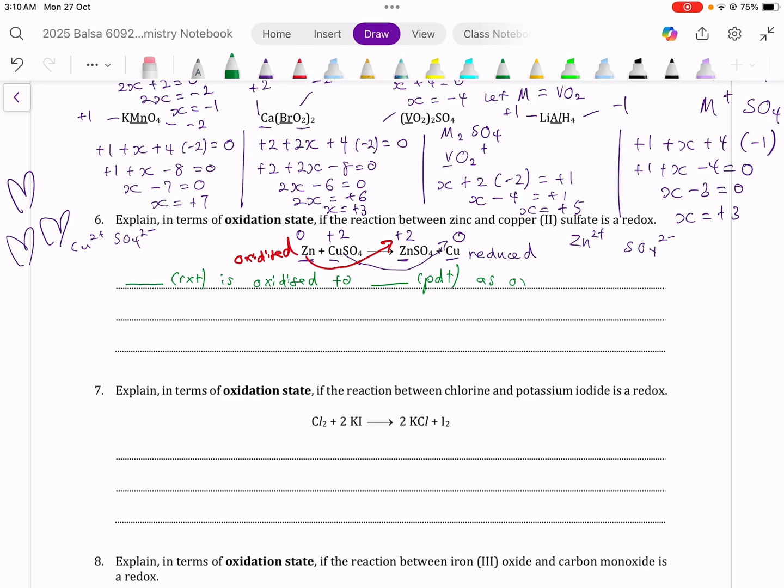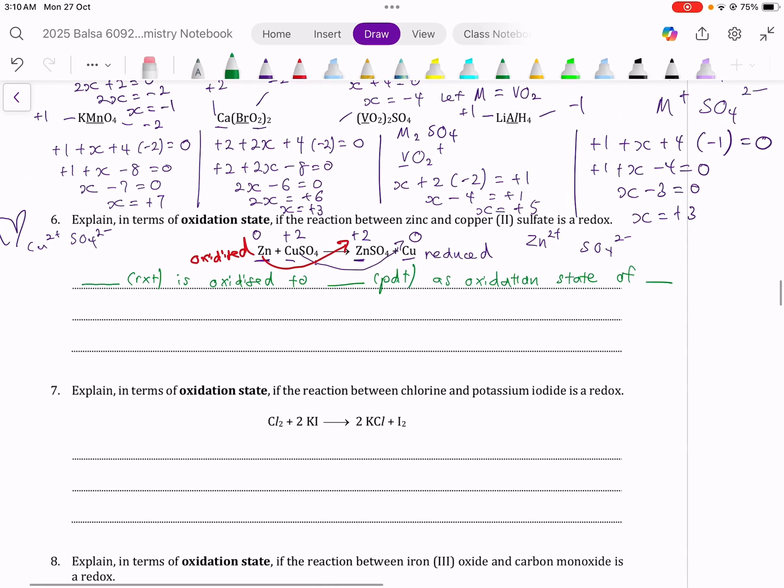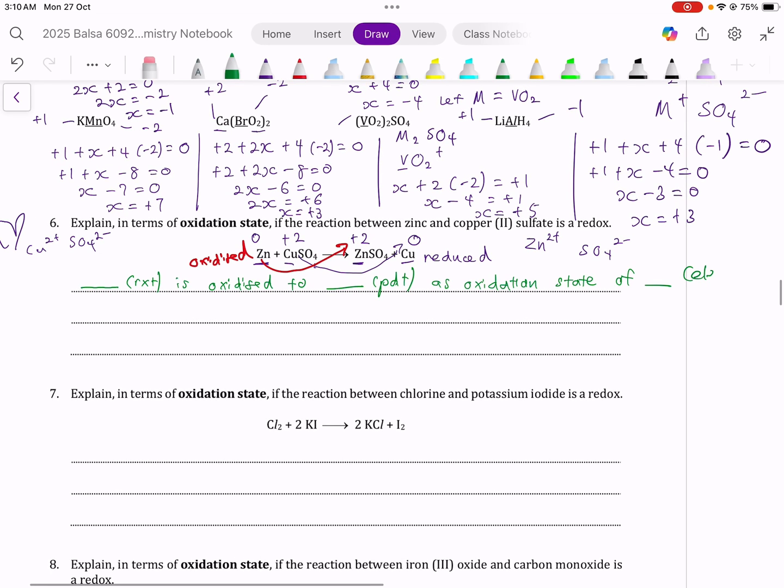As oxidation state of, then down here you indicate the chemical symbol of the element. Say the first one is Zn, then put Zn. Oxidized, so we say increases from, then the blank here is for you to put in the oxidation state we calculated, and then you put in the formula of the reactant, to which oxidation state in which product.